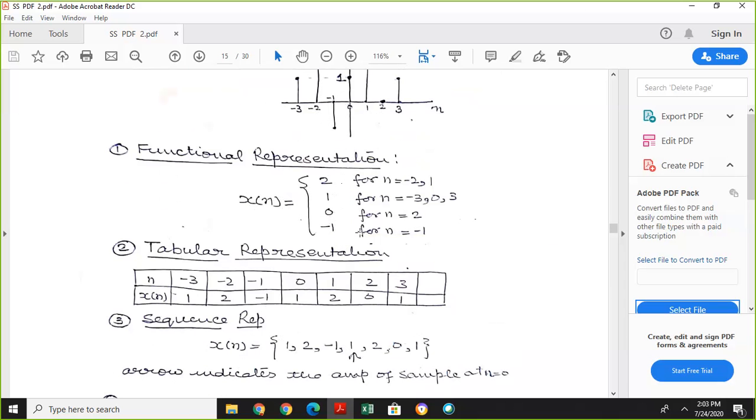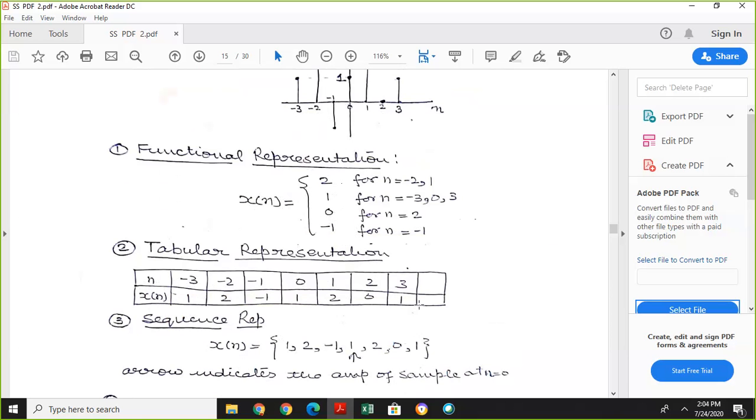This is functional representation. Next one is tabular representation. In tabular representation, first we put the value of n and then the corresponding value of x of n. Values of n are -3, -2, -1, then 0, 1, 2, 3.